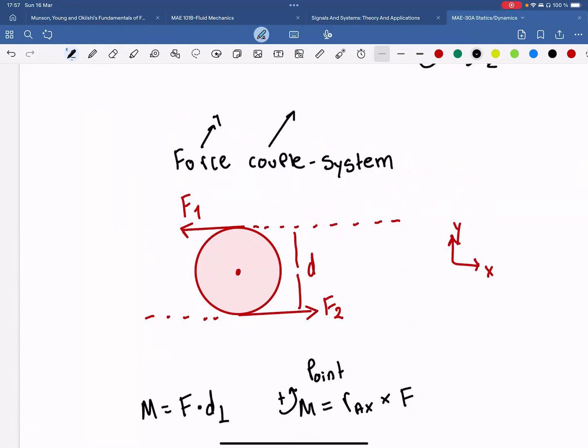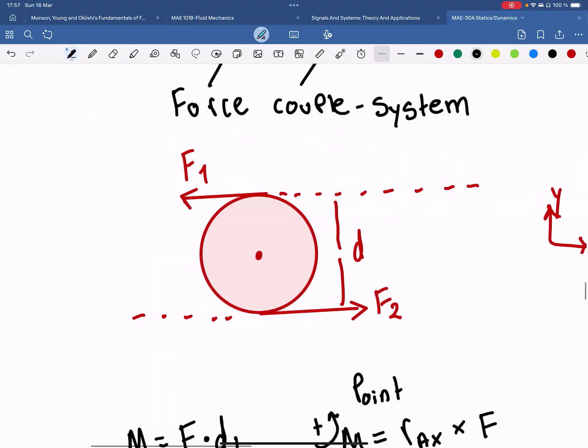F1 and F2 have opposite sense and the same magnitude. That means that the net effect of the translational force is going to cancel on the rigid body. But they are both inducing a moment in the same direction, in this case counterclockwise on the body, right?